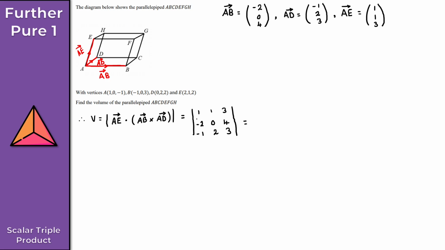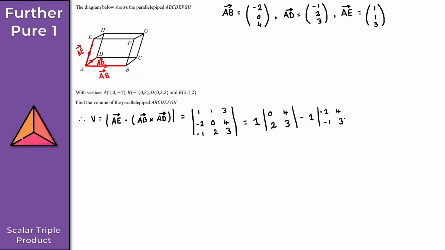So what I'm going to get here then is 1 times the remaining 2x2 determinant. I get left with, well, basically just cross this row, this column. So I get 0, 4, 2, 3, like so. We then get -1. So -1 times, across this row, this column, I get -2, 4, -1, 3.